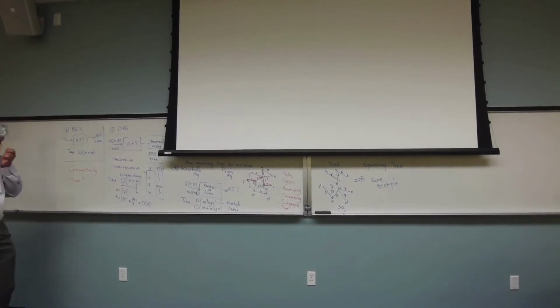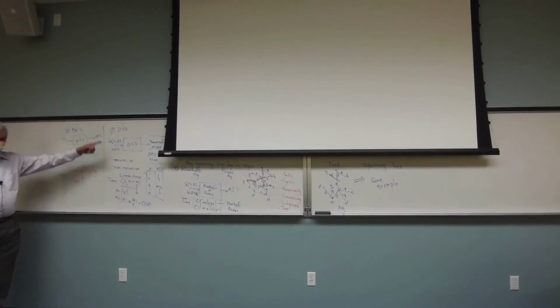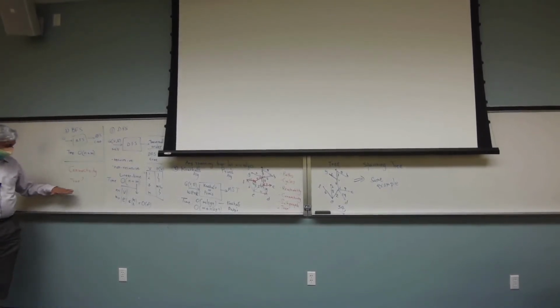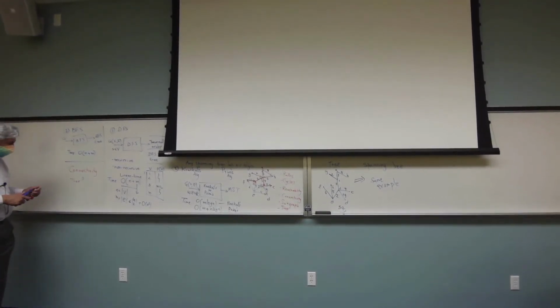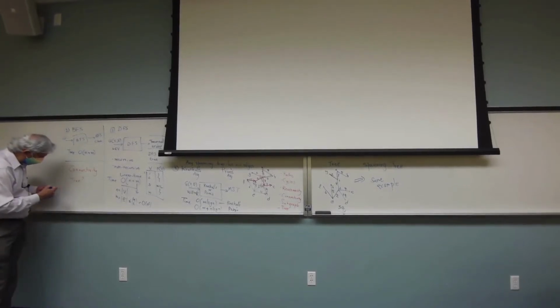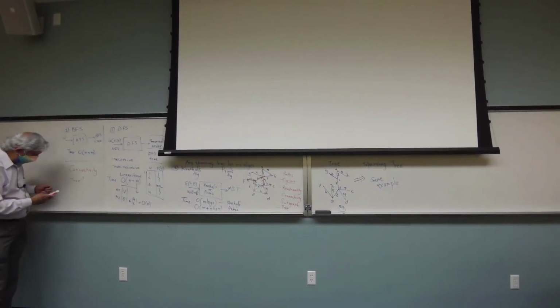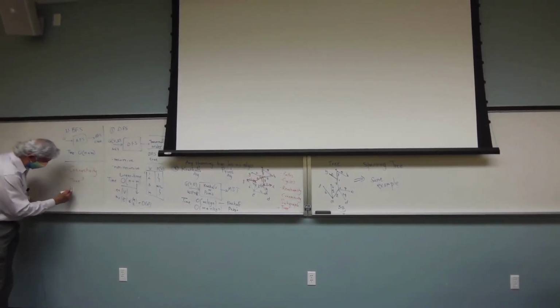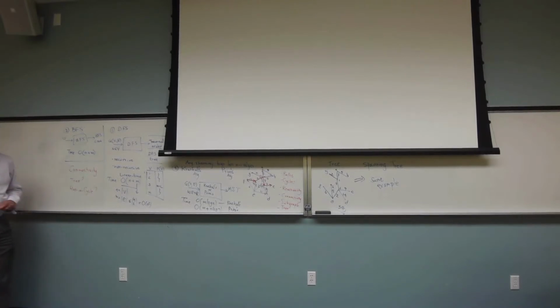Okay? So you can use depth first search or breadth first search in order to test whether a graph is a tree. You can also check whether it has a cycle. You're given a graph, and you're asking the question, does it have a cycle?